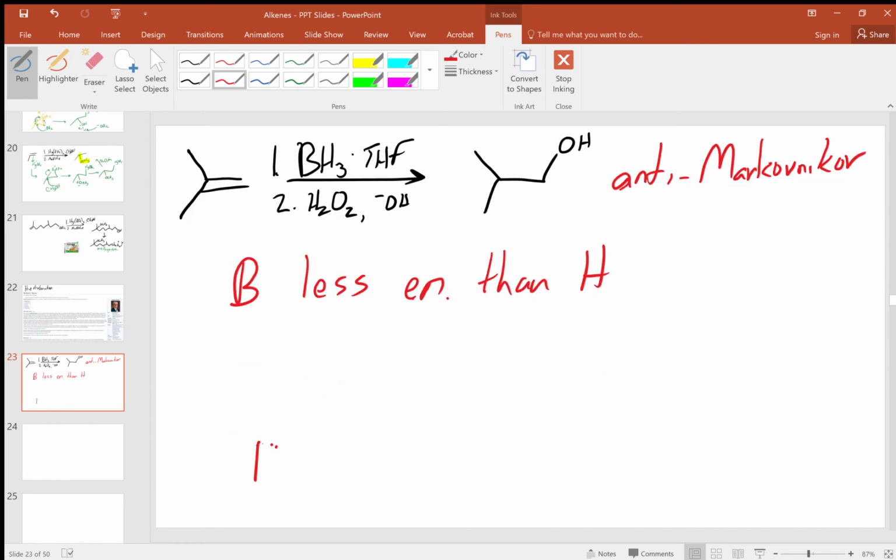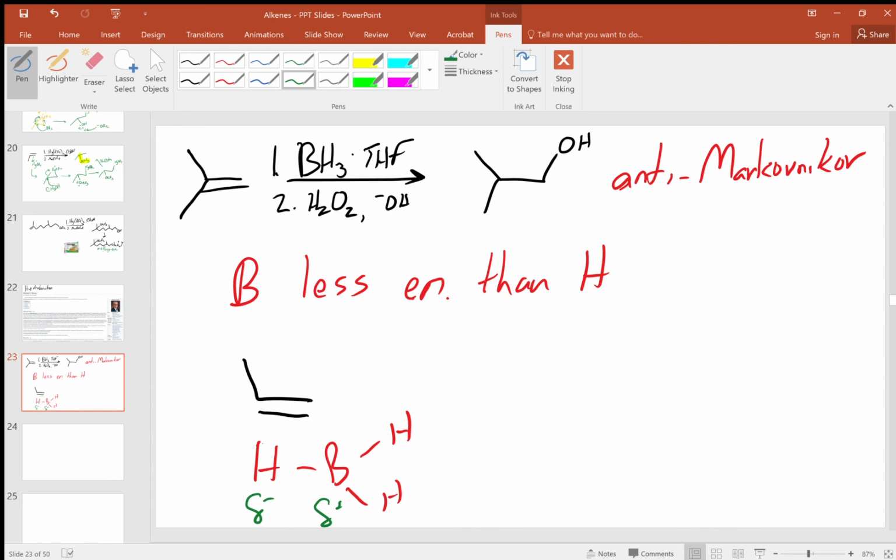And so if we're looking at BH3, the hydrogen is partially negative and the boron is partially positive. So recall, of course, that it's the more substituted position that can have more positive charge. So the more substituted position is the one that the hydrogen is going to be more attracted to.